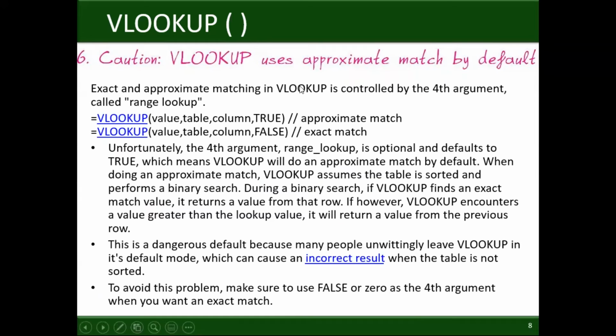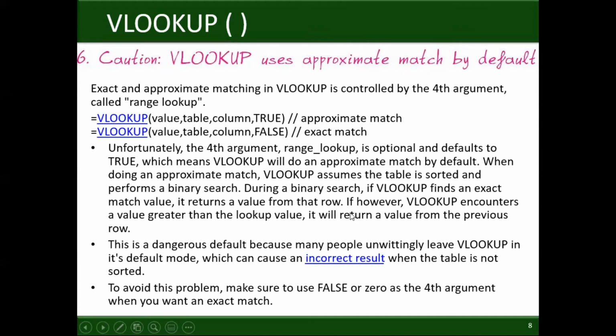So if you forget the last argument, it will be treated as approximate match by default. About the fourth argument: if you forget it, it is taken as approximate match; if you give it, it is treated as exact match. True or false, 1 or 0: 1 means true, 0 means false.